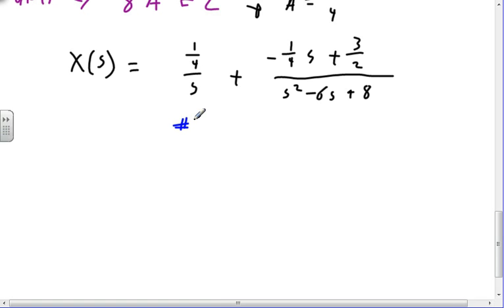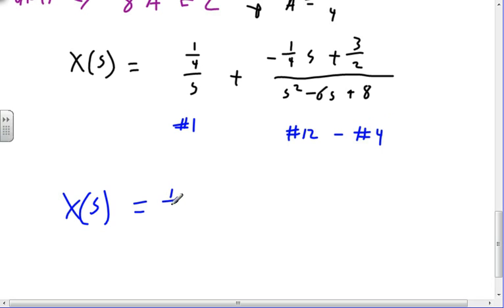I look at the other guy and I say, what am I going to do about him? Oh, I can factor him: s minus 4, s minus 2, right? And if I can factor them, then that's number 14 and that's number 12. So this guy's going to be a number 12 and a number 14, and all I've got to do is factor the bottom.